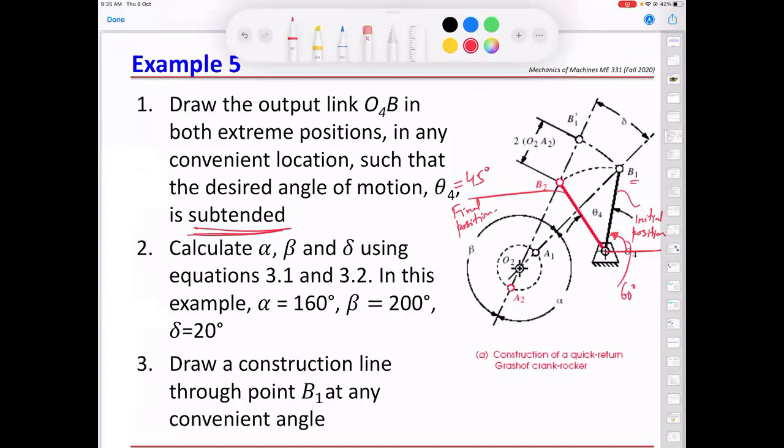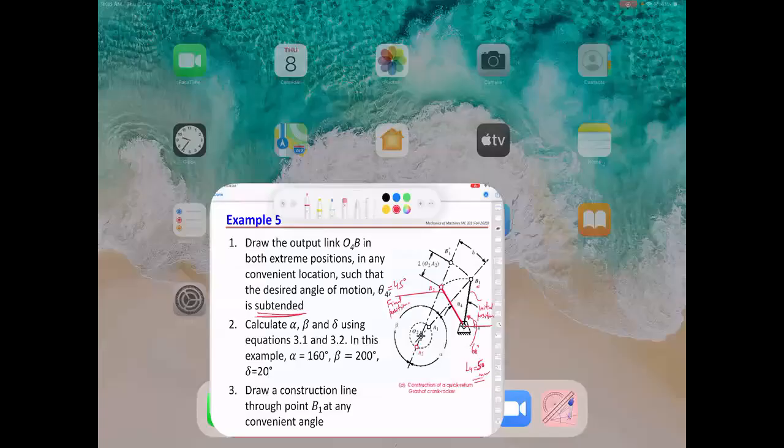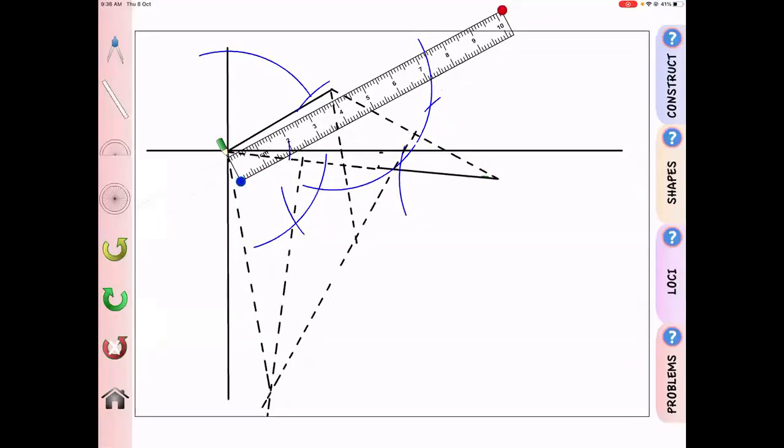So this is the 60 degrees we took, and the initial length we took, I think, 50 millimeter, or let's take 40 millimeter. Okay, let's take 50 then. Okay. So now I need to draw this line in both extreme conditions. Okay. So let me just put this one.